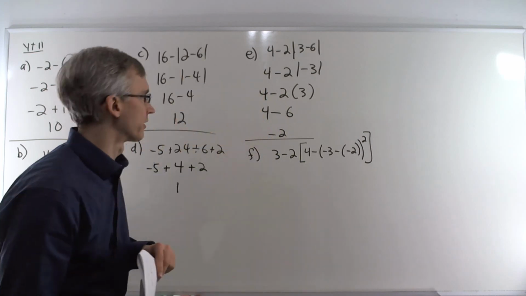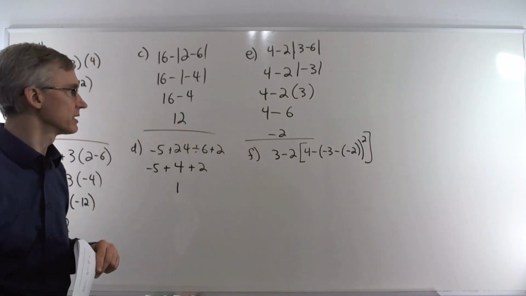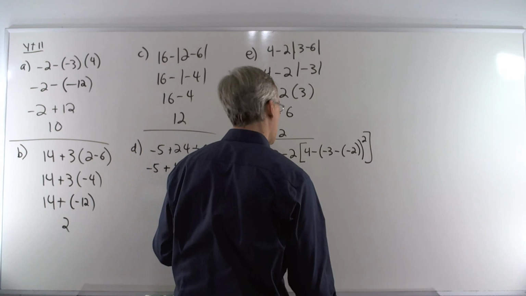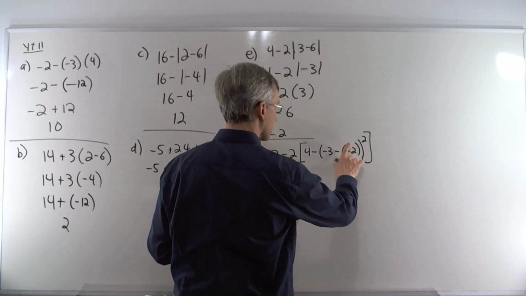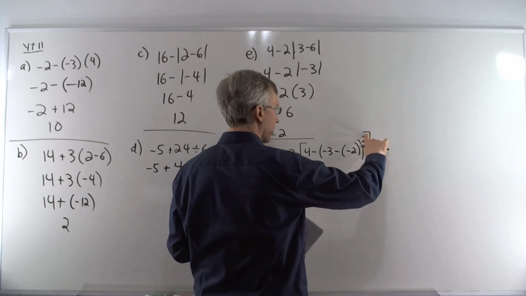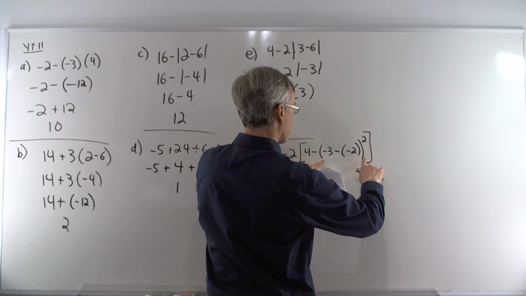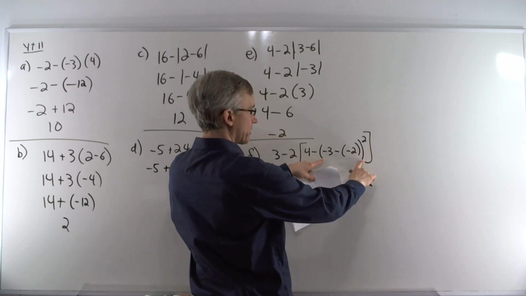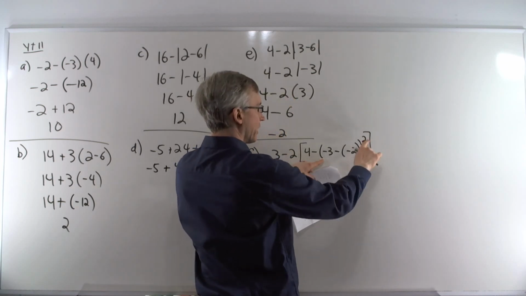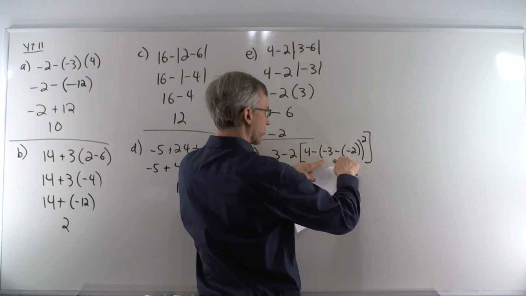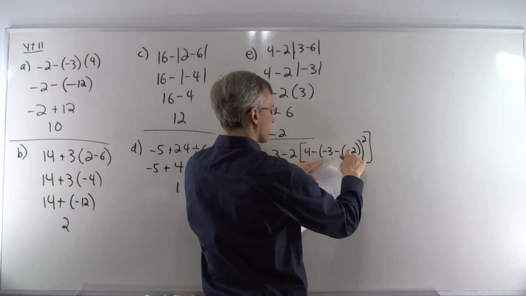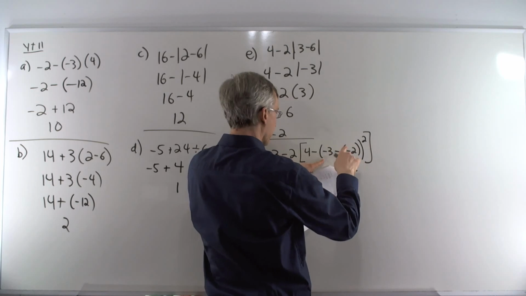All right, we got a tricky one here. Lots of parentheses. So we're going to work on the inside first. Keep in mind this exponent is on the outside of this pair of parentheses. So before we do the exponent, we need to figure out what this part equals first. -3 minus -2. So let's simplify here first.